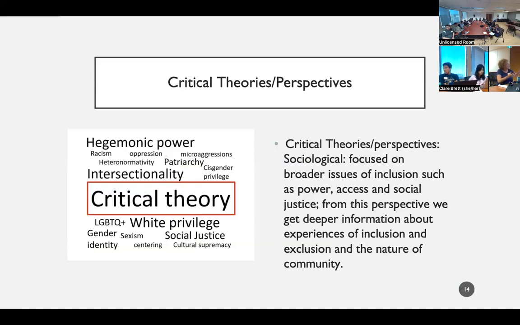This is really firmly in the sociological area and focused on broader issues of inclusion and power and access, social justice. That's why I think it's important that we understand and get more information about experiences of inclusion and exclusion and the nature of community, but from this kind of perspective.